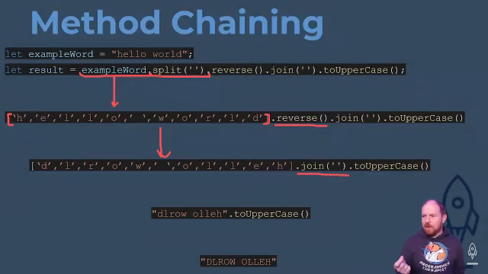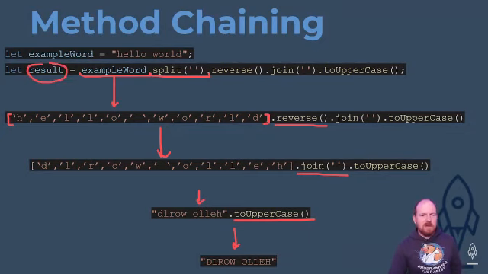Because I didn't put anything in the join, it's going to join all of it together. So it joined all of these array elements into a string. And then I said, okay, take this string and make it uppercase. And we finally end up with this. And so my result is going to be that thing right there.